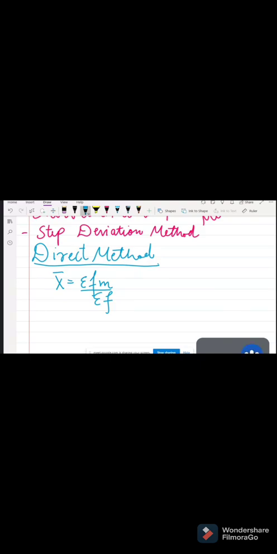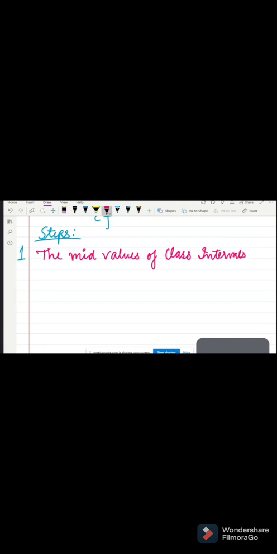So in this method, the following steps: first, the mid values of class intervals are calculated.